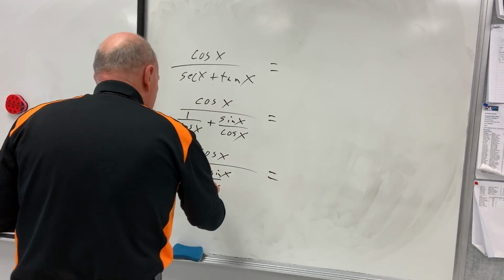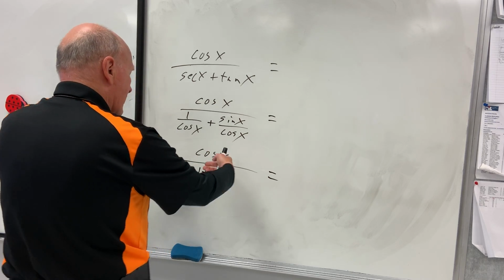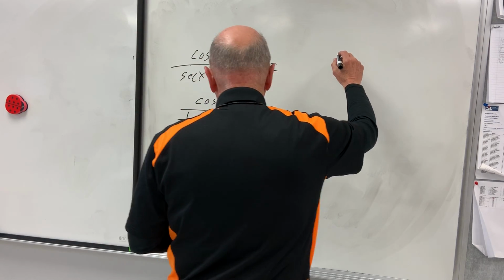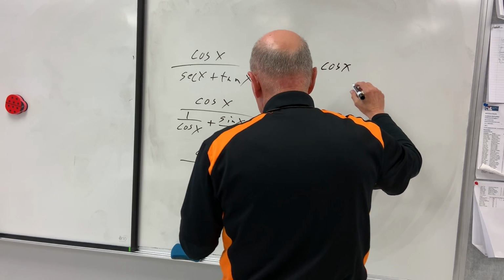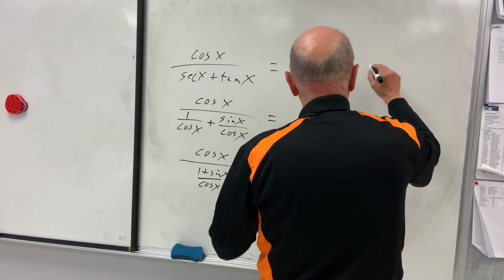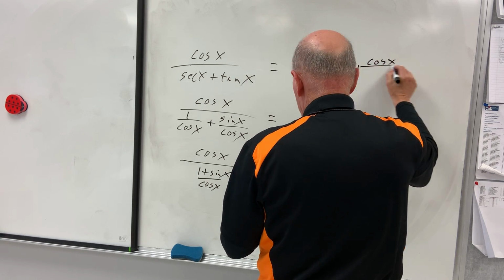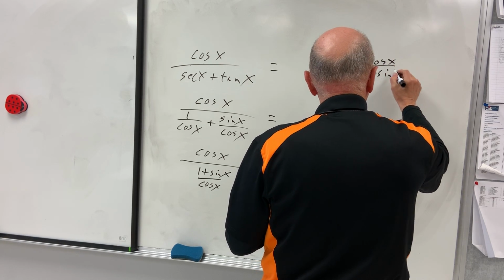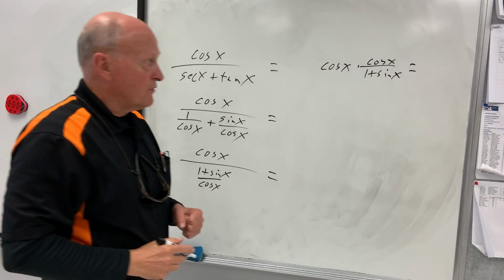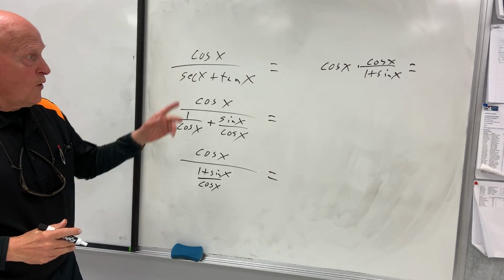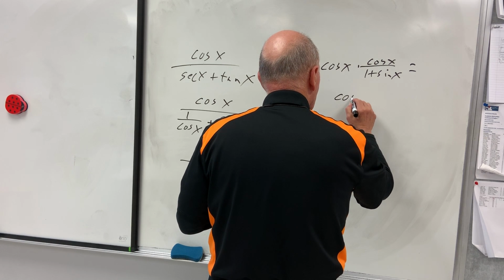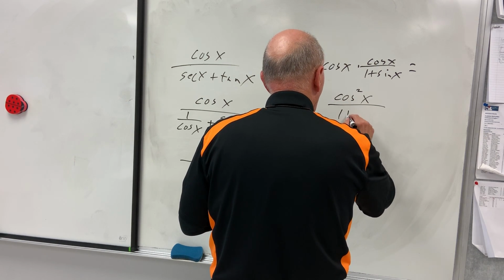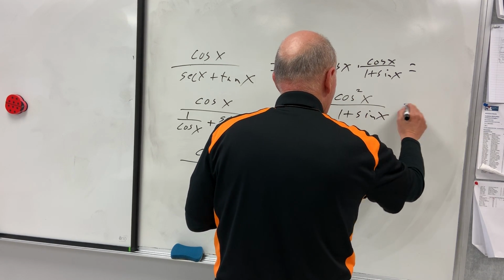All right, divide means to multiply by the reciprocal, so that gives me cosine x times, the reciprocal of that is cosine x over 1 plus sine x, like so. When I multiply this, I get cosine squared x over 1 plus sine x.